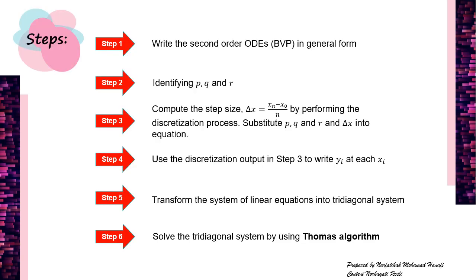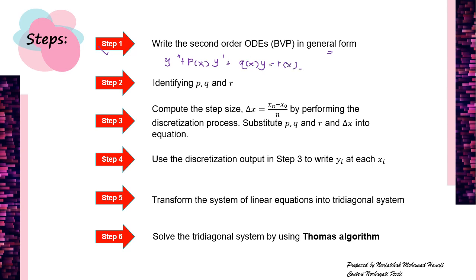Here are the steps to solve using the finite difference method. The first one: make sure you write your equation into our general form. What is our general form? y double prime plus p(x) y prime plus q(x) y equal to r(x).